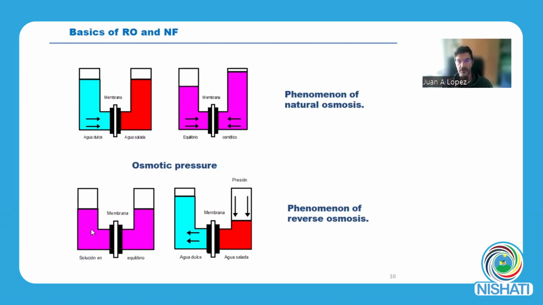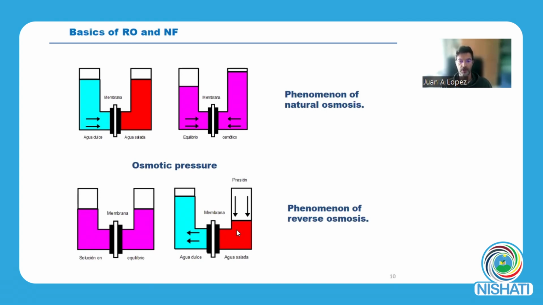What is reverse osmosis? Let's imagine that we have a solution and it is in equilibrium: same salt concentration here, same salt concentration here. If we apply pressure on this side, water is going to pass through the membrane, but salts cannot pass through the membrane. They are retained, so this side will be more concentrated in salts, and this will be diluted.